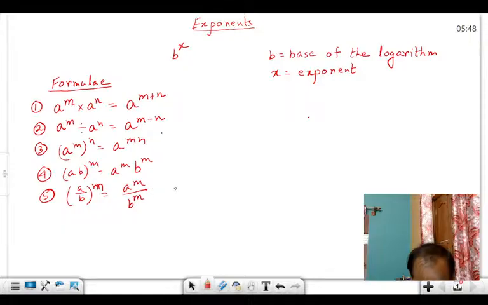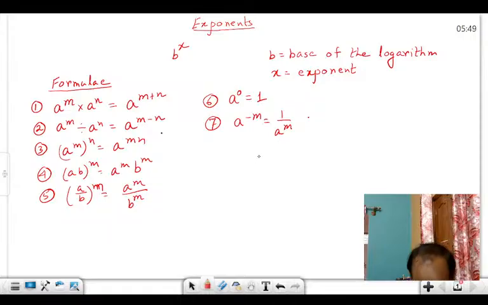Number 6 is a to the power 0. A to the power 0 is always 1. And 7 is a to the power minus m, which can be written as 1 by a to the power m.